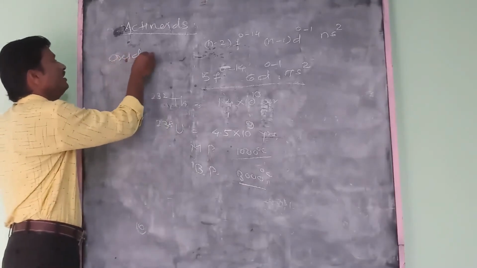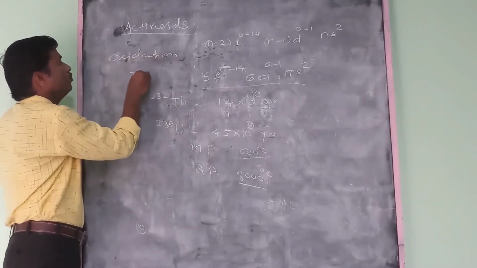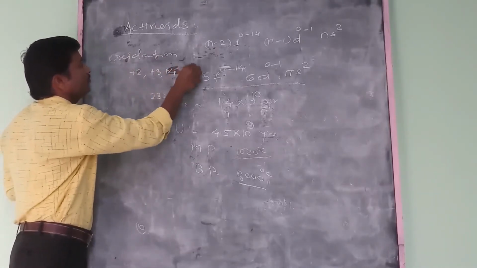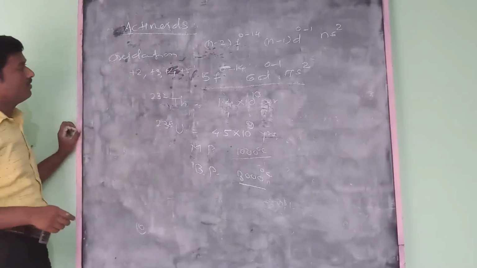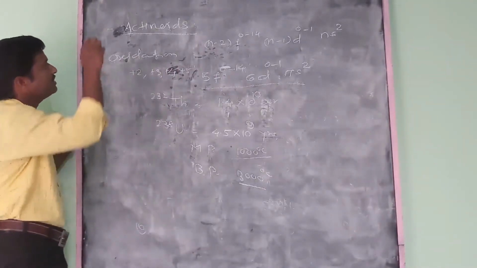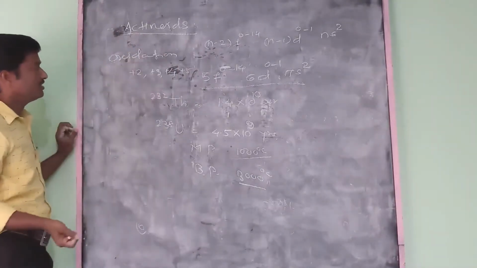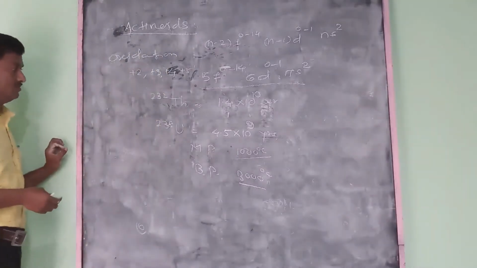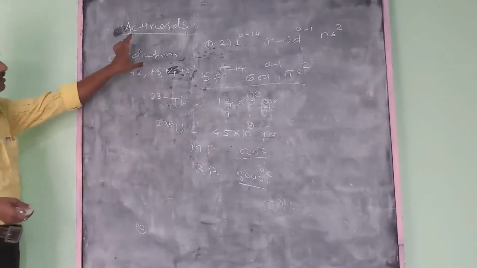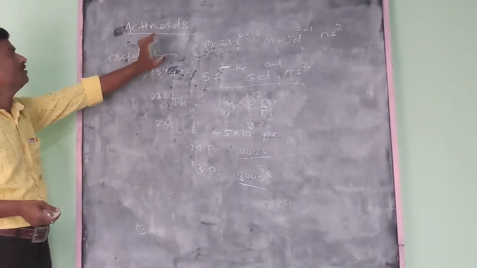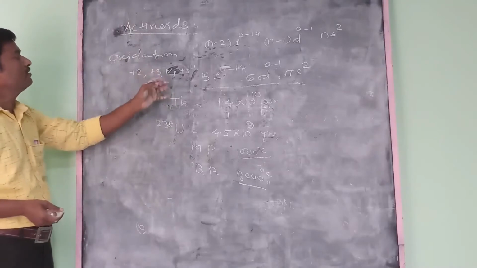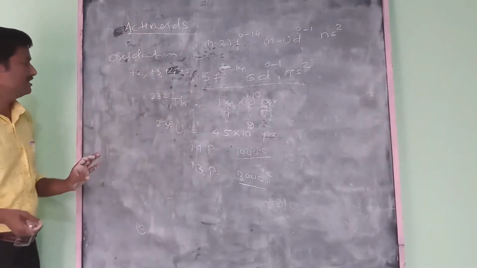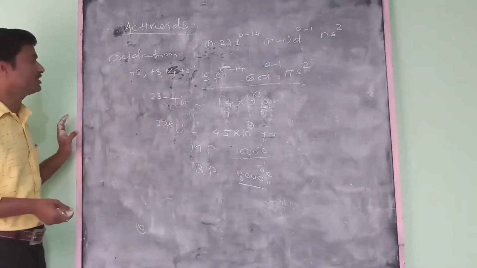The oxidation states will be +2, +3, +4, +5, and up to +7. These elements form higher oxidation states. This is about the definition, position and some points of the properties, and these are the oxidation states.